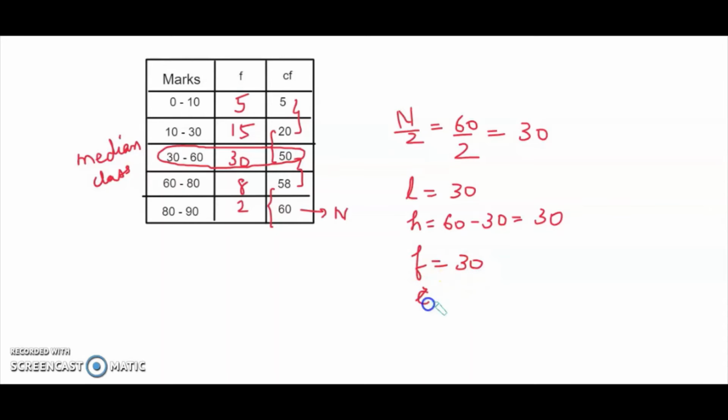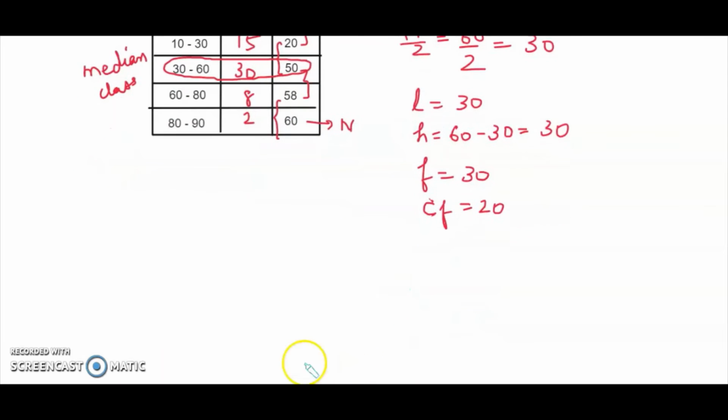And the CF is also, CF is not 30, I'm sorry. It is going to be the preceding class frequency, which is 20. Yes, it is coincident that the lower limit is 30, class length is 30, and frequency is 30, but my CF is 20. Okay, so let's go for the median.